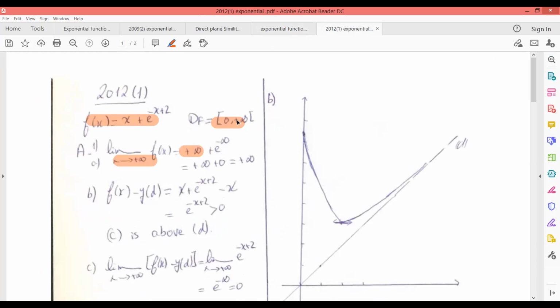How much is e to the minus infinity? 0. So we get infinity plus 0 equals plus infinity.